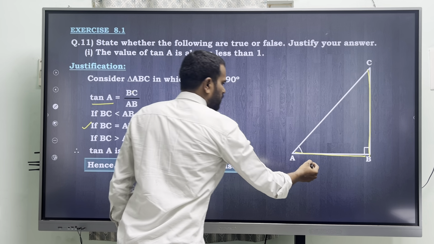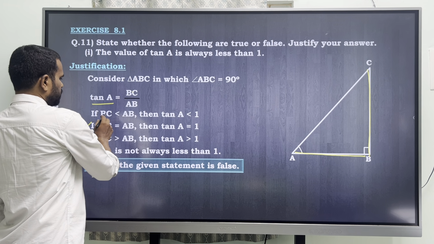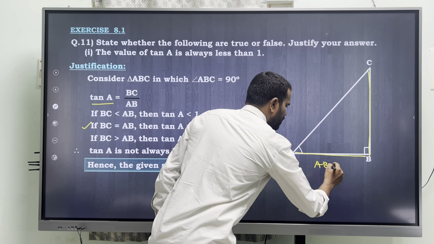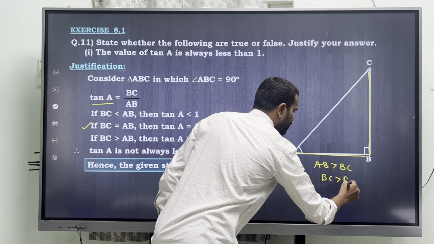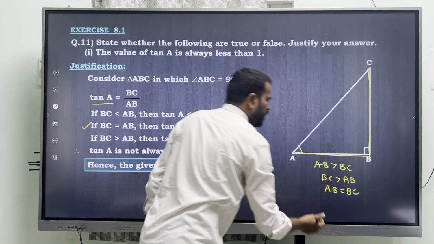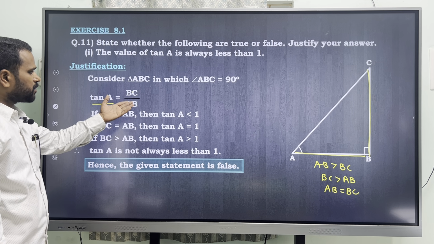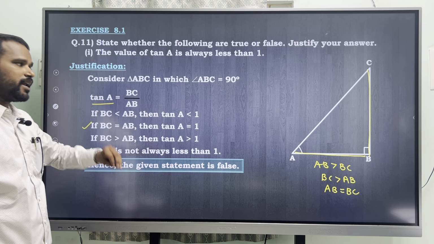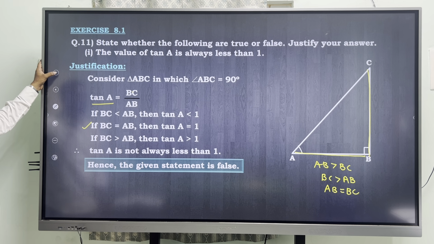Sometimes AB is greater than BC, or BC can be greater than AB, or AB equal to BC, right? Anything is possible. So this value can be sometimes greater than 1, sometimes less than 1, sometimes equal to 1. So it is not always less than 1.